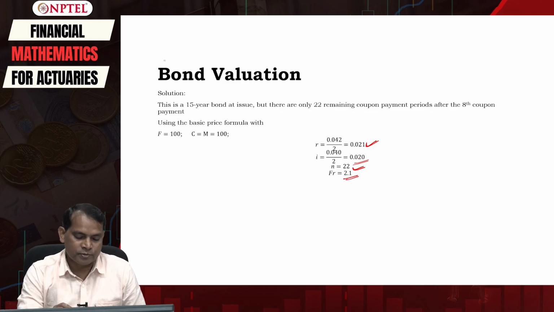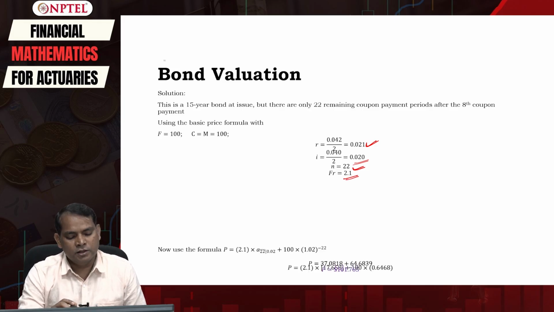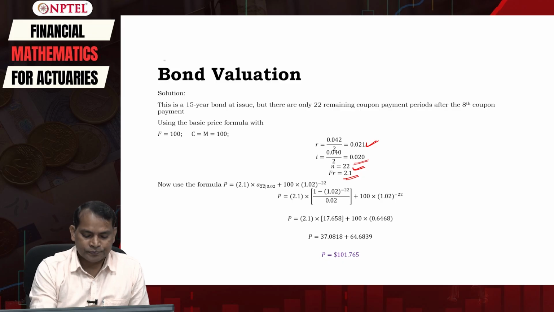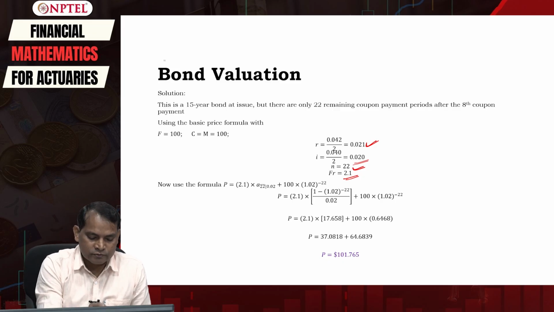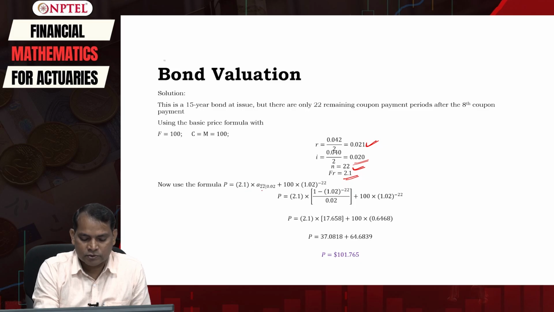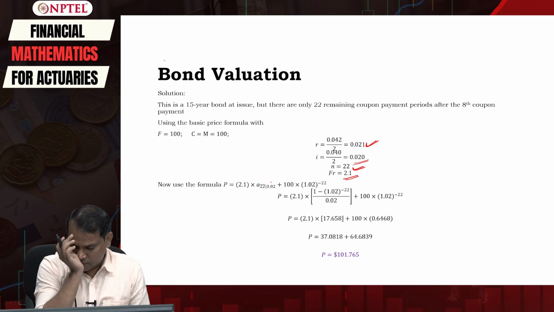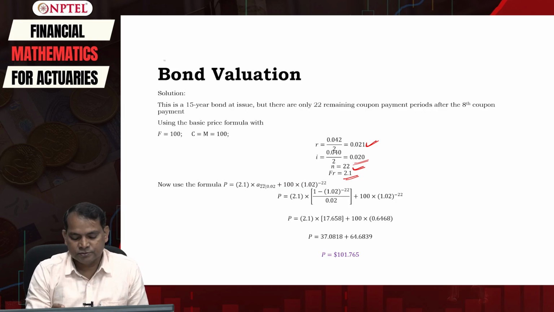So use this information in our basic price formula here, and then rewrite the basic price formula as P is equal to 2.1 multiplied by A, n is equal to 22 and I is equal to 0.02 plus C is equal to 100 multiplied by 1.02 to the power minus 22.